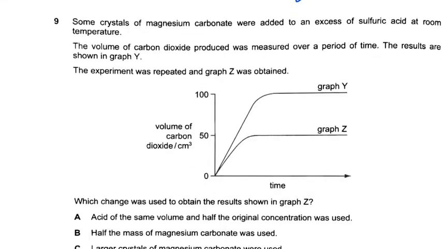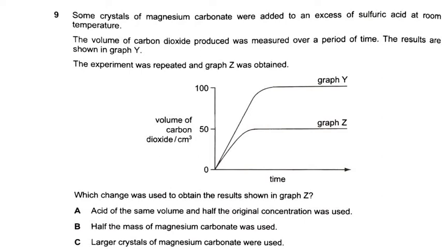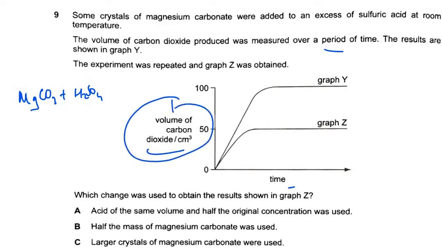Now let's see question number 9. Some crystals of magnesium carbonate were added to excess sulfuric acid at room temperature. So you have magnesium carbonate. What is the formula? MgCO3, adding sulfuric acid. Okay, and then the volume of CO2 produced was measured. So this is a question about speed of reaction, because you have plotted the time and the production of CO2, which is the product.